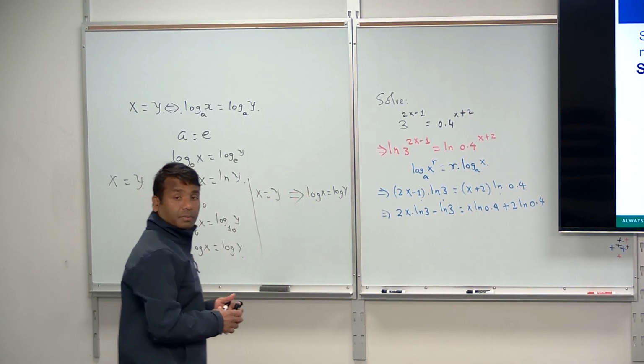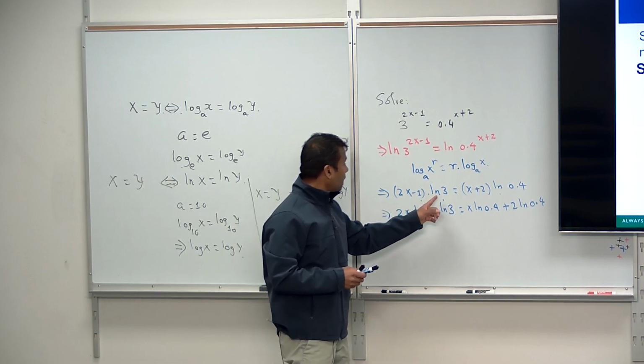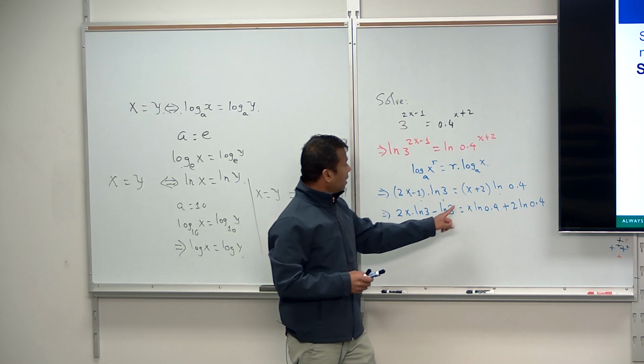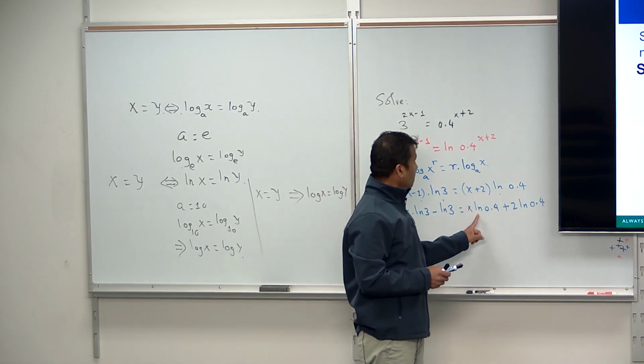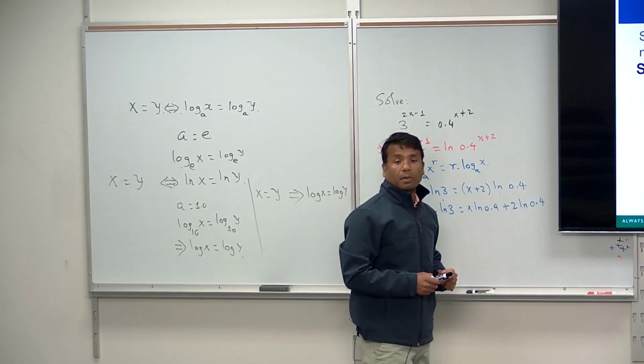Did you see that? Did you get it? I distributed this. Ln 3 times 2x is this. Ln 3 times 1 is this. And ln 0.4 times x is x times ln 0.4. Ln 0.4 times 2 is 2 ln 0.4.